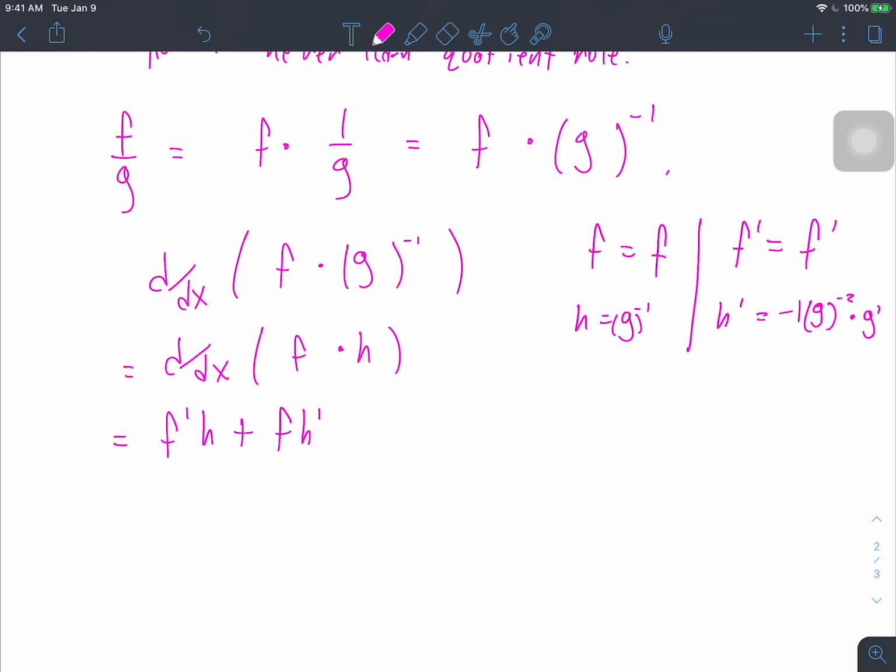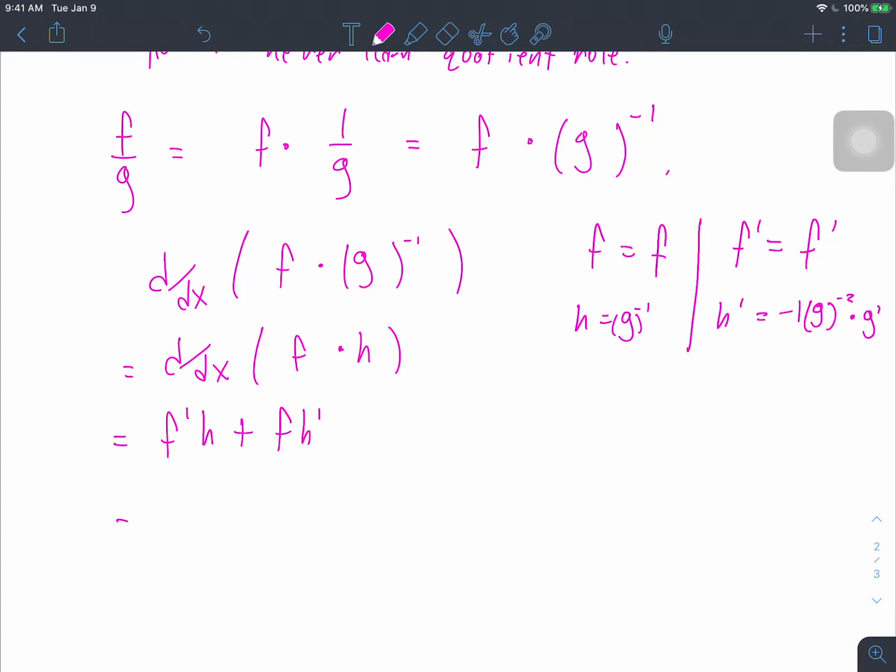So I treat g as the inside function, and I just say, okay, I have some function to a power. I use the power rule, leave the inside function alone. The old power comes down front. I subtract 1 from the power, so negative 1 minus 1 is negative 2.